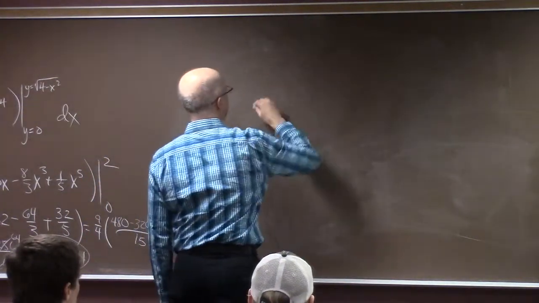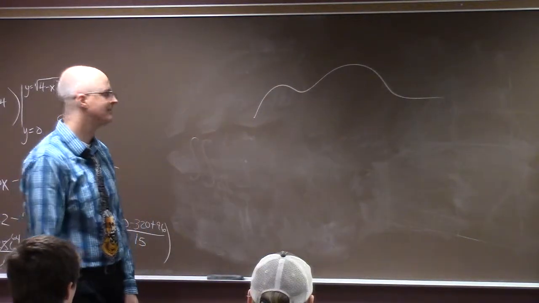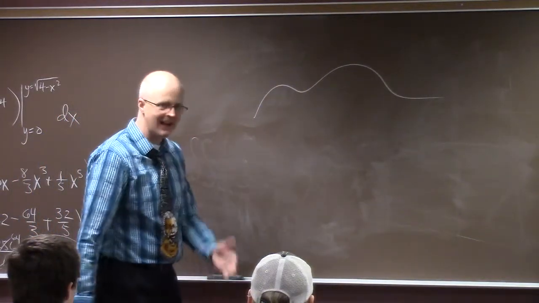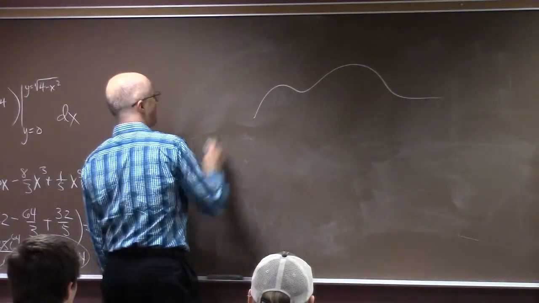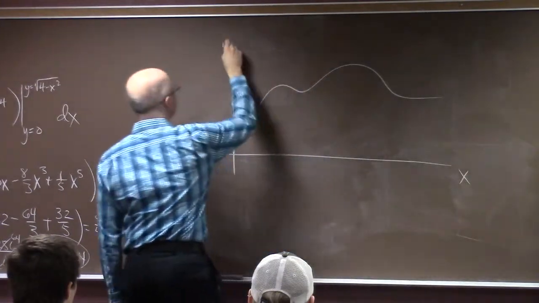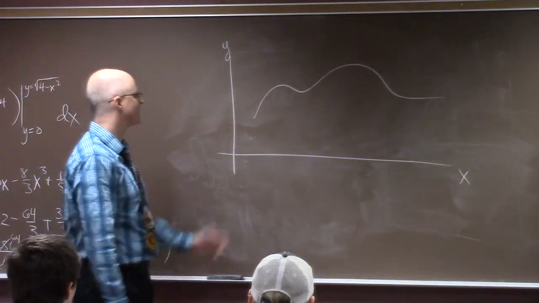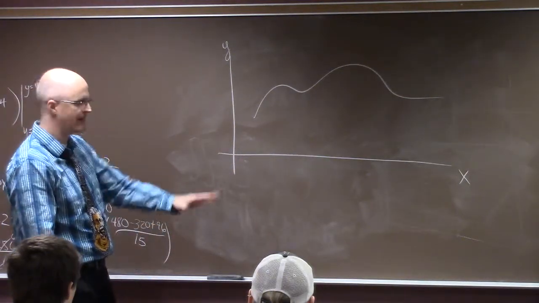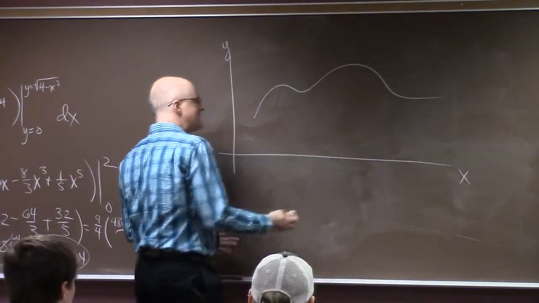So let's imagine a thin wire now that does not have a constant density. We're going to imagine that we placed an XY plane in here. We've imposed a rectangular coordinate system, and this wire is sitting inside this plane, maybe on the table. And the density is not constant.